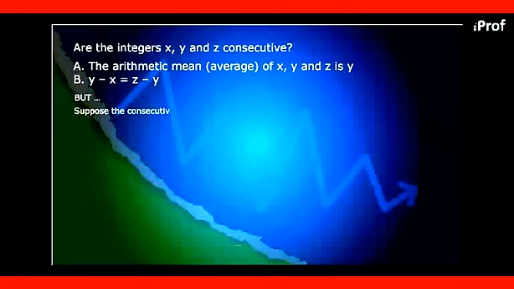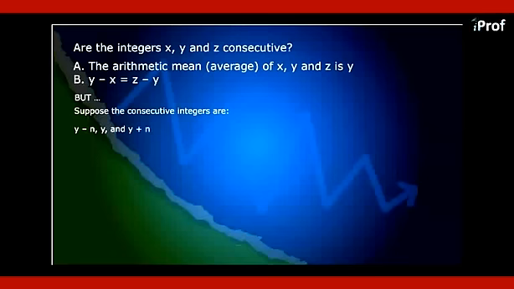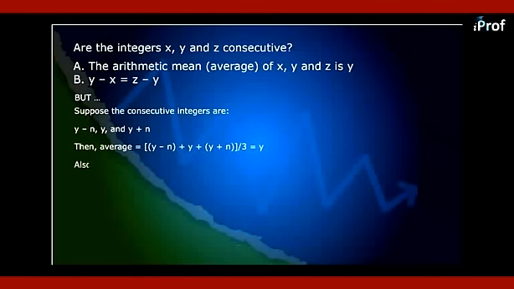suppose the given integers are now y minus n, y, and y plus n, where n is any other integer. Then also the average is equal to (y minus n plus y plus n) divided by 3, which is y, and also y minus n is equal to y plus n minus y.